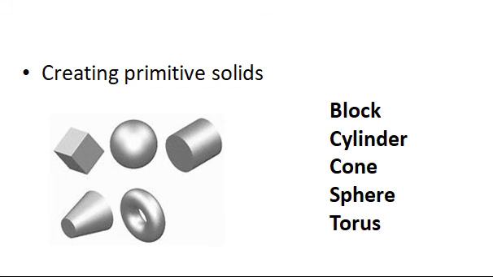Next, we must understand the word primitives. Primitives means very basic items, and you have seen the projection of solids in the engineering graphics course. We have seen blocks in the name of prisms, cylinders, cones, and apart from that there are pyramids, but they do not generally have engineering usage.